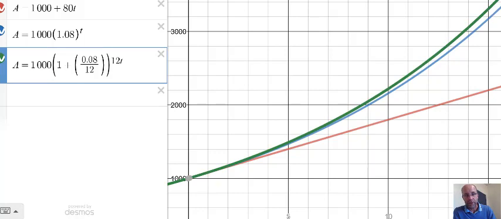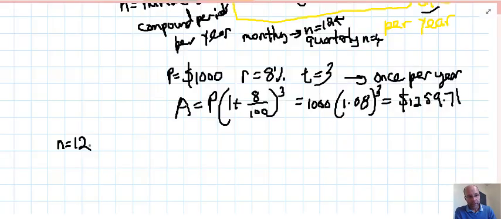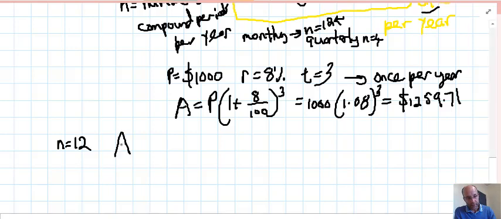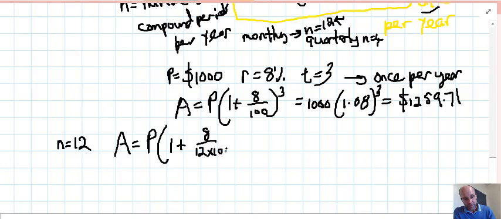Okay, so let's try it for compounding monthly, keeping everything else the same. So for monthly, n equals 12, so we would have A equals P times 1 plus 8 over, now it's n times 100, which would be 12 times 100, raised to the 3 times 12.